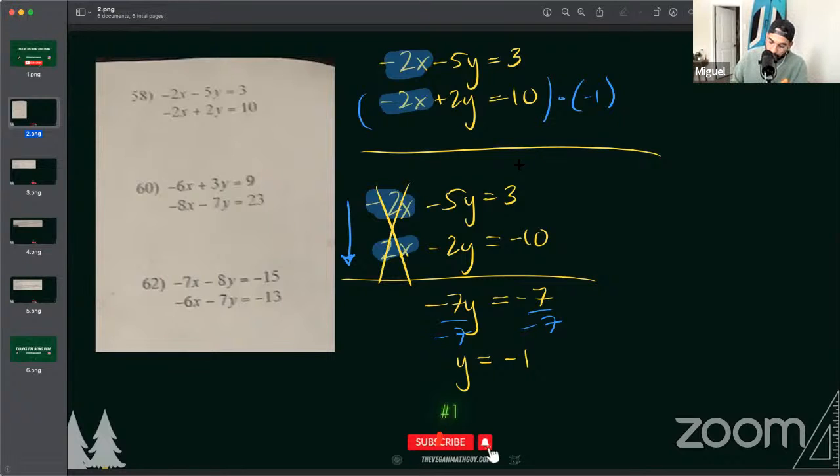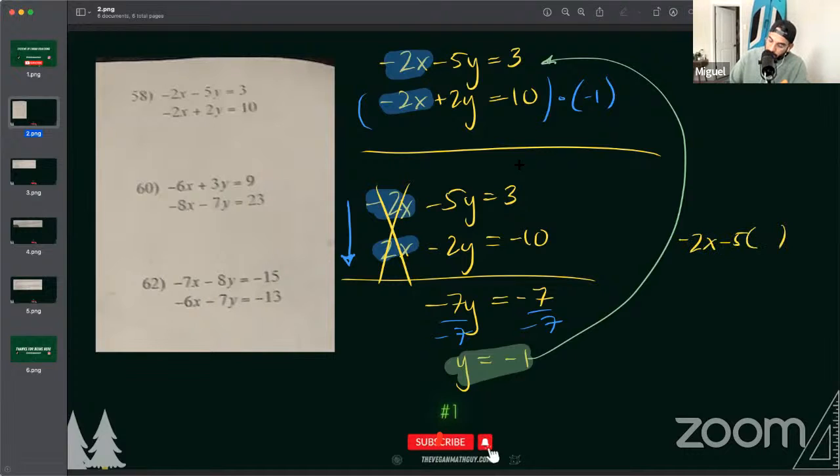So now that we have y is equal to -1, in order to find the value of x, I can plug the y into any one of the equations that I was given. I'm just going to plug it into the first equation. So we're going to have -2x minus 5 times -1 is equal to 3.